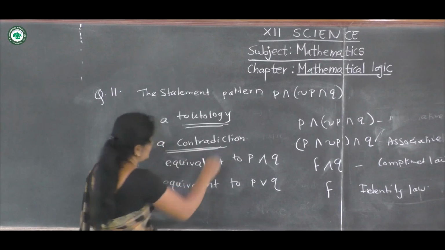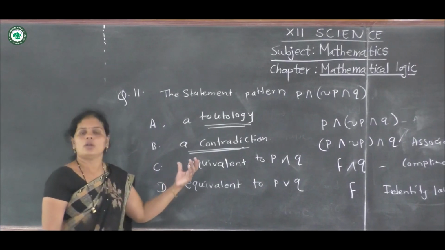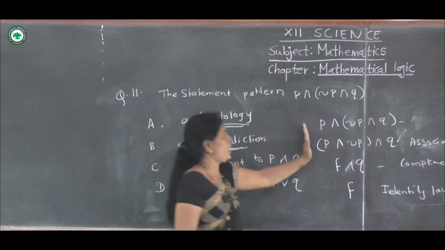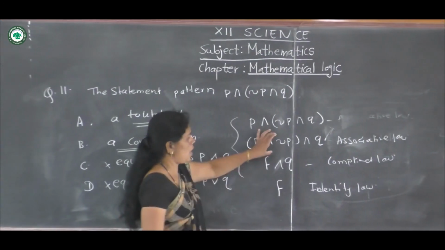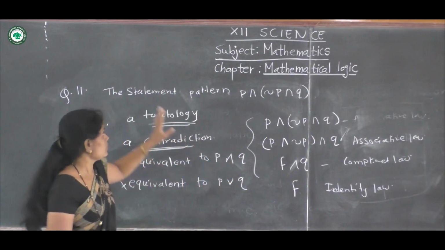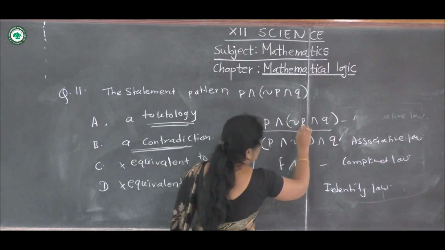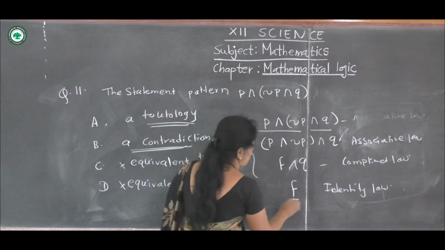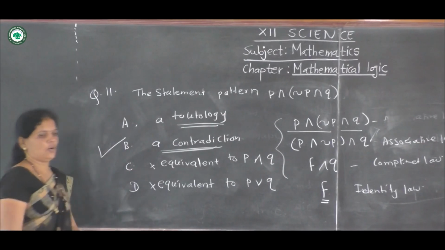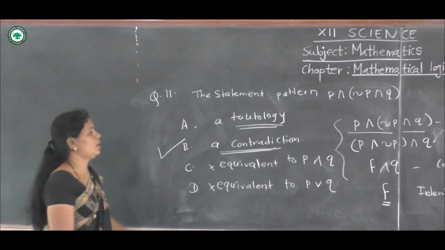It is not equivalent to P and Q, and also not equivalent to P or Q. Using the associative law, complement law, and identity law, the statement pattern P and negation of P and Q is false, therefore it is a contradiction. Option number second B, a contradiction.